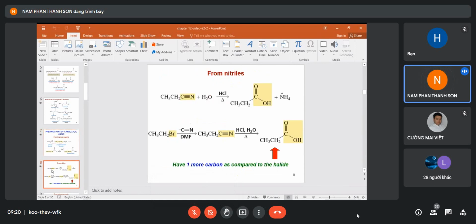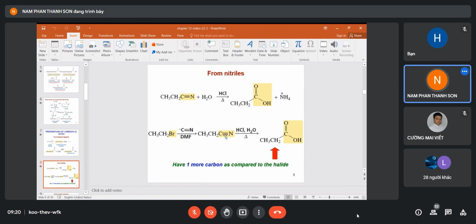Method number 2, we can hydrolyze nitrile. And how do we get nitrile? We get nitrile from alkyl halide by carrying out an SN2 reaction with CN, for example KCN, potassium cyanide. Remember, this is the cyanide anion, but this is nitrile, the name. KCN is potassium cyanide.